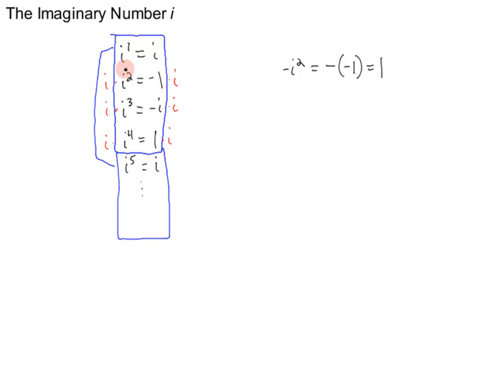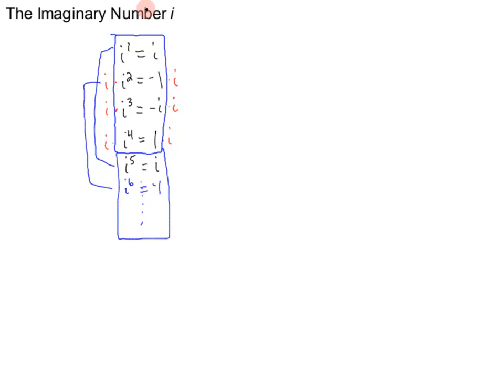You see that? So i to the sixth would be the same thing as i squared, because you just multiply both sides by i and you get the same thing. So this pattern just continues. It's a cyclic pattern that just repeats forever. So this is very nice because it allows us to find i to any power. We could reduce i to any power to either i or negative i, or negative 1 or positive 1.